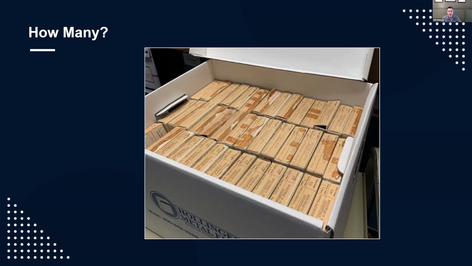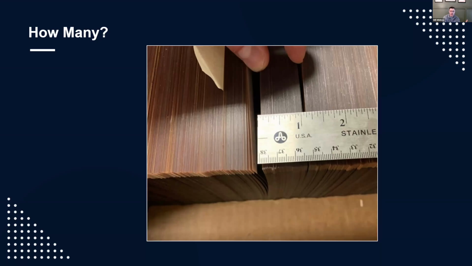Ballpark numbers. Fiche and Aperture cards are a little different depending on how many you have. You usually don't want to count every individual sheet. I mean, even if you have a couple hundred, once you get to a couple thousand, 10,000, hundreds, thousands, you're not going to count each of them. So the quickest way is just figure out, how are they organized? If they're all organized pretty much the same way, let's again say they're in drawers and cabinets. This is called pinch and inch.